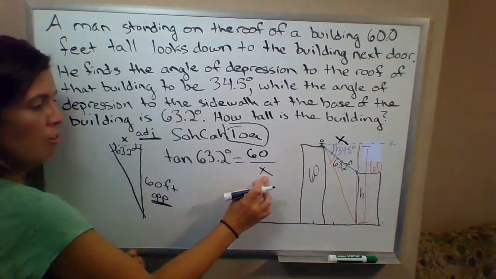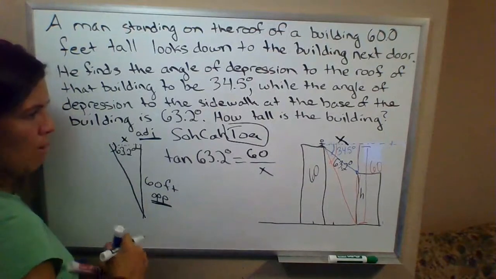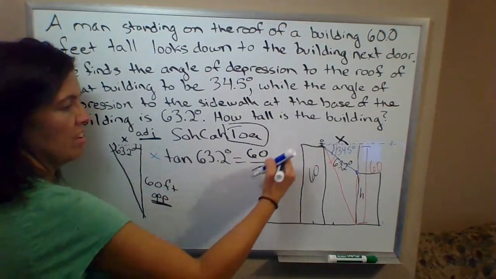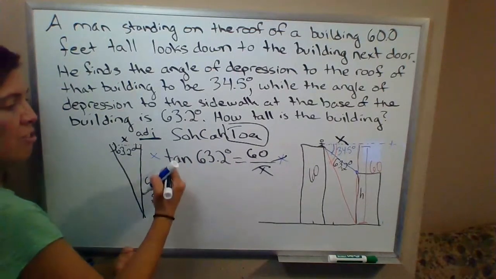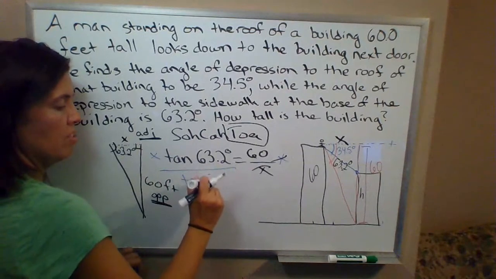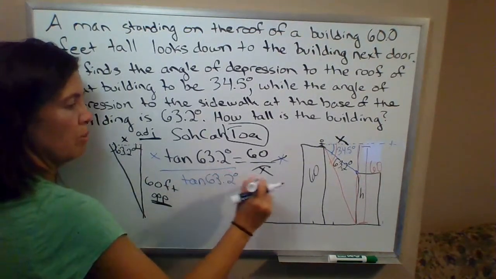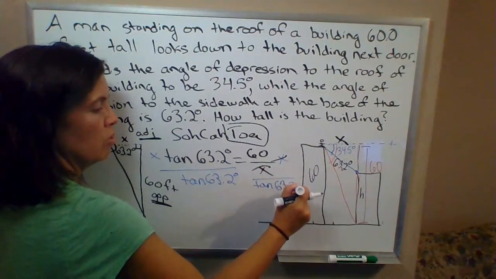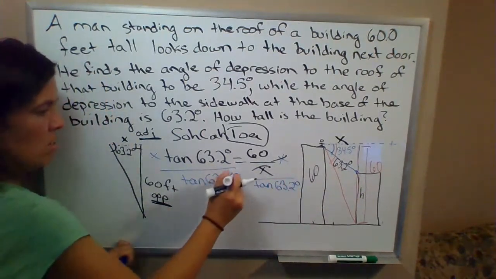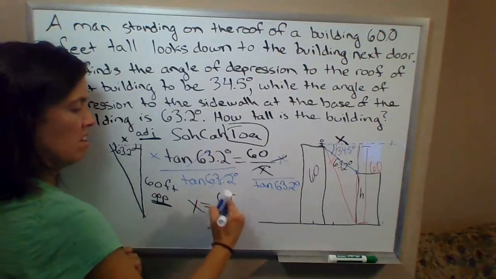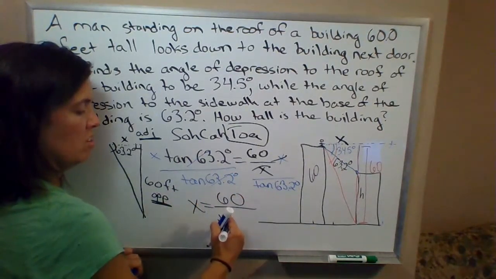So now we could solve for x: multiply by x to get it out of the denominator, so that cancels there, and then divide by tangent of 63.2 degrees on both sides. So we end up with x equals 60 divided by tangent of 63.2 degrees.